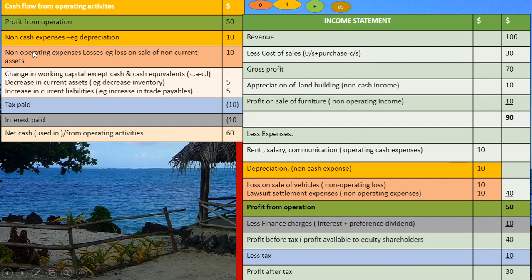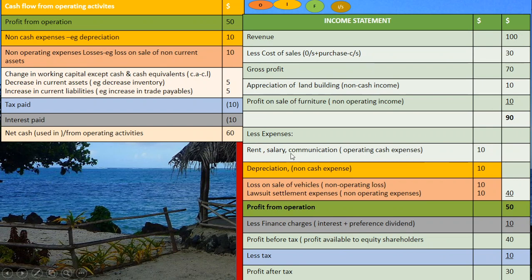The second, now you also need to add up non-operating expenses and losses. So you need to understand these non-operating expenses. To understand non-operating expenses, first you need to understand what operating expenses are. Operating expenses are the expenses incurred in the normal trading activities, or you can say the normal course of business, or in the core operation of the business.